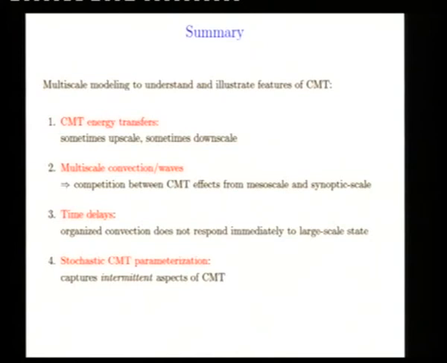The multiscale model in the first part of the talk, yes, there was W prime theta prime in there. It didn't seem to do much in this case because it's not a very large domain. 6,000 kilometers was the size of the domain, so you can't have a convergence if you only have one coarse grid box. If that makes sense.